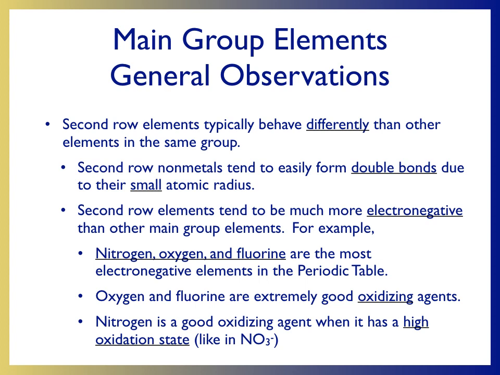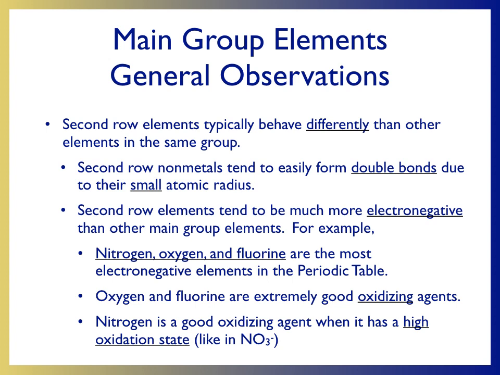Nitrogen is slightly less electronegative than oxygen and fluorine and behaves a little bit differently. Nitrogen is a pretty good oxidizing agent, but it has to have a pretty high oxidation state to do so. For example, many compounds containing the nitrate ion tend to be good oxidizing agents. This is because in nitrate, nitrogen has the highest oxidation state it can, which is +5.